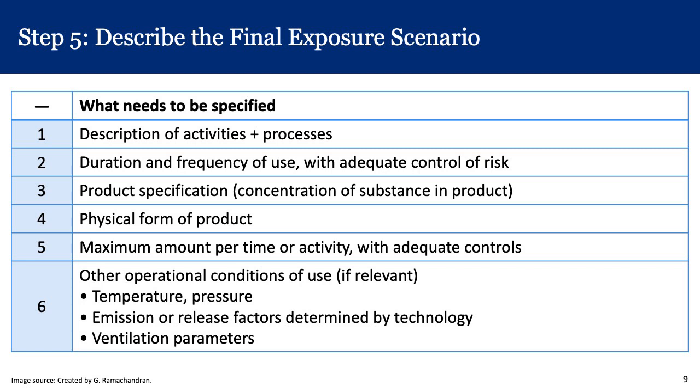The product specification and the concentration of the substance in the product needs to be specified. The physical form of the product needs to be specified. And we also need to specify the maximum amount of time or activity with adequate controls. And we also need to specify the operational conditions of the use of the product depending on the temperature and pressure, emission or release factors determined by technology, and ventilation parameters.